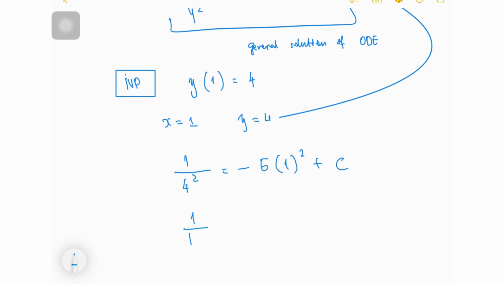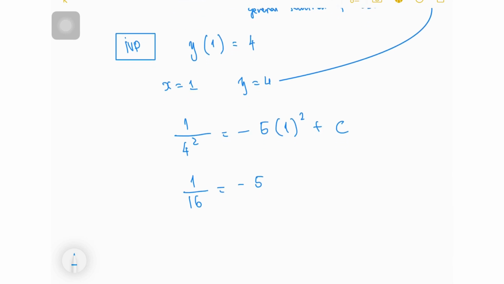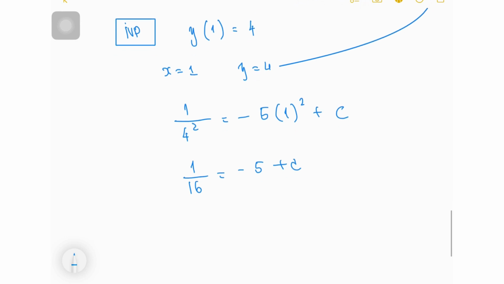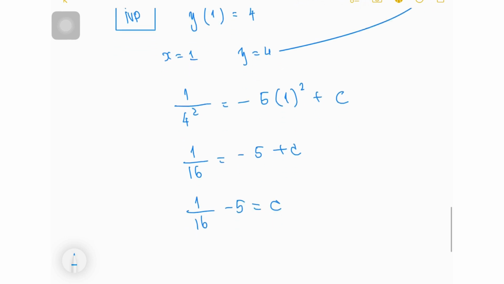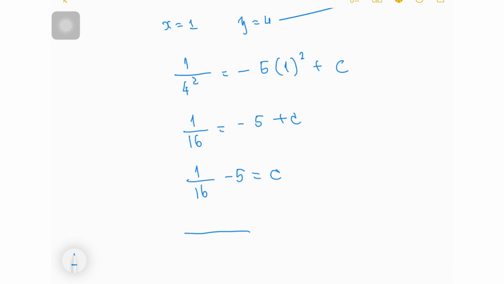That means 1 over 16 equals negative 5 plus c, or 1 over 16 minus 5 equals c. Here is 16, 1 minus 80, which is minus 79 over 16 equals c.